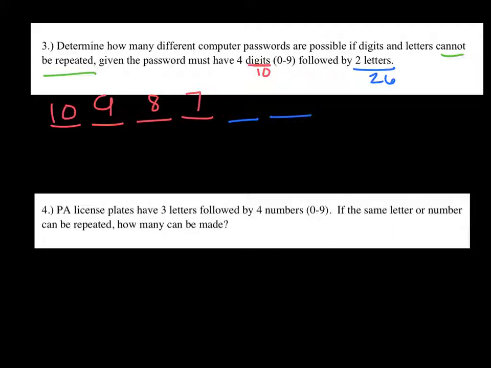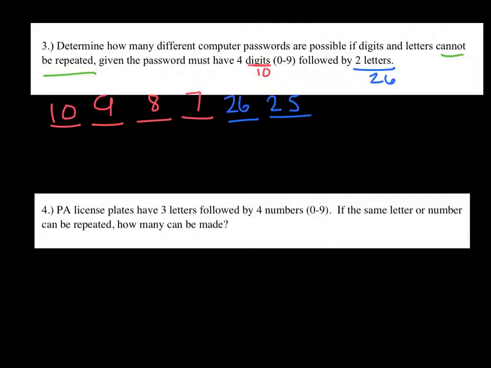Now, the letters: 26 options to choose for the first letter, and then once you've chosen a letter, it doesn't matter which one, you'll have 25 to choose from for the second letter. Now, if it said it could be repeated, you would have done 10, 10, 10, 10, and 26, 26. But when it says it can't be repeated, your options go down each time.